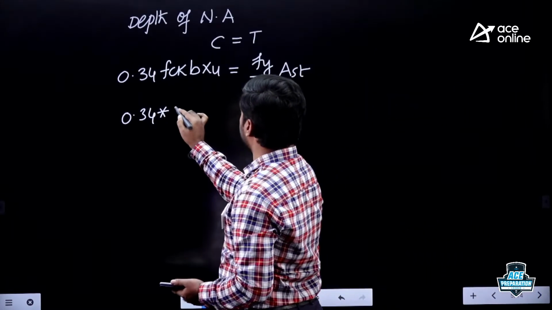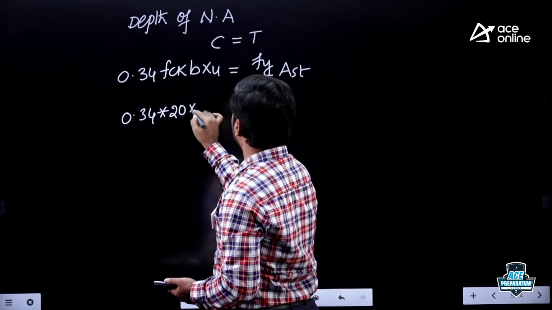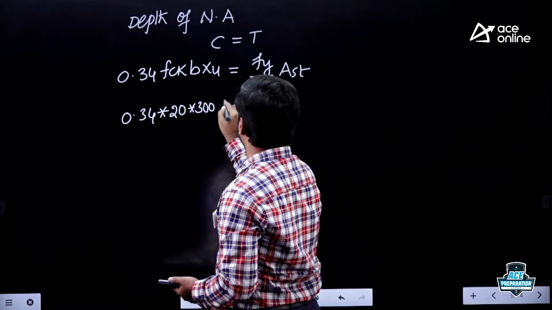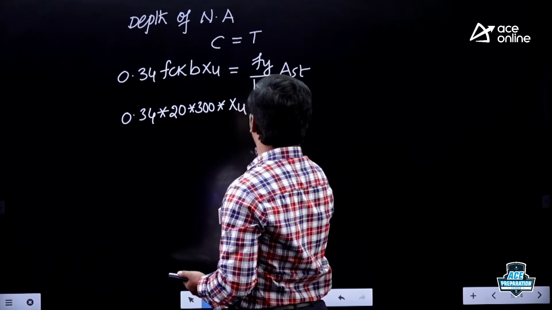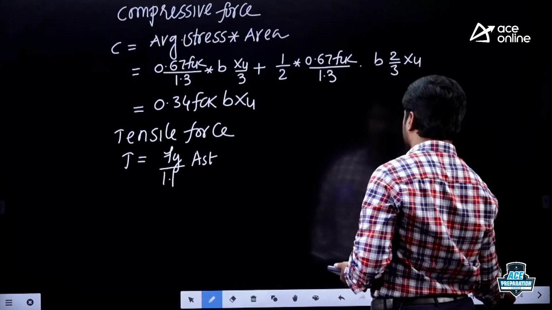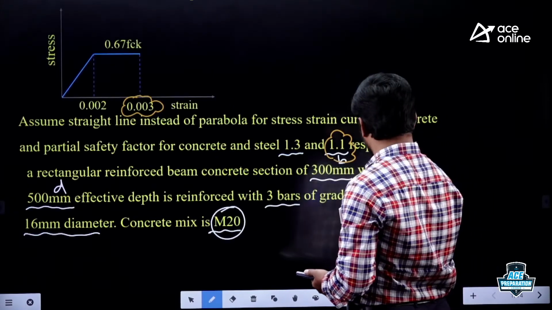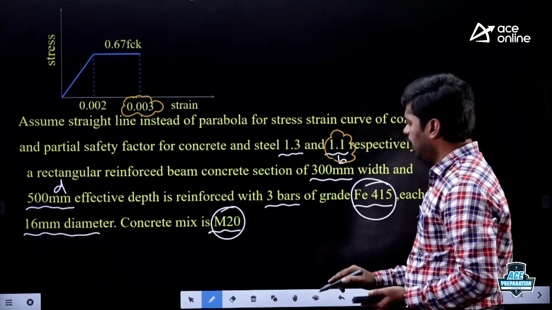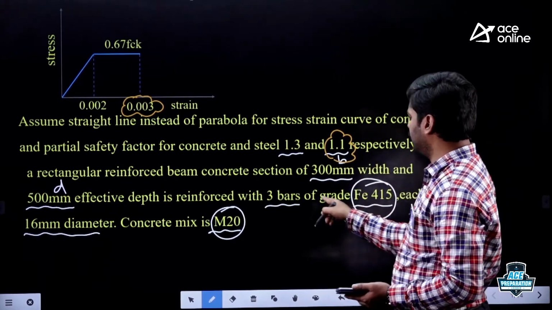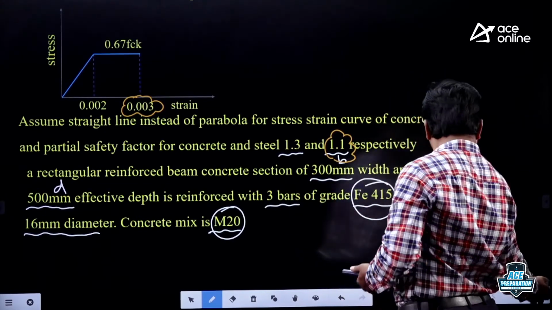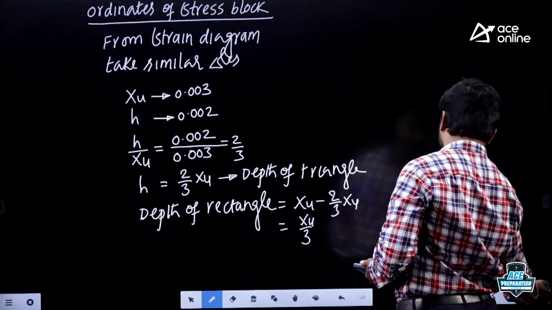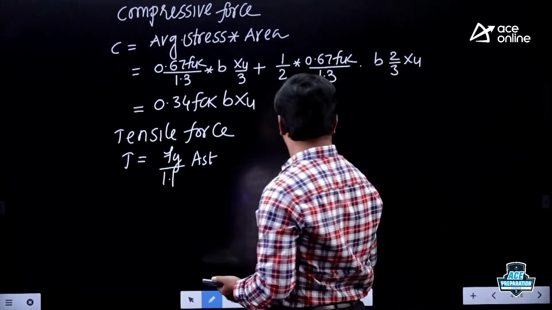So, FCK 20 given, B given 300 into XU equal to Fy. What is the grade of steel given? Grade of steel given in the question is Fe415. And how much is the area of steel given? 3 bar 16 mm diameter. Right.